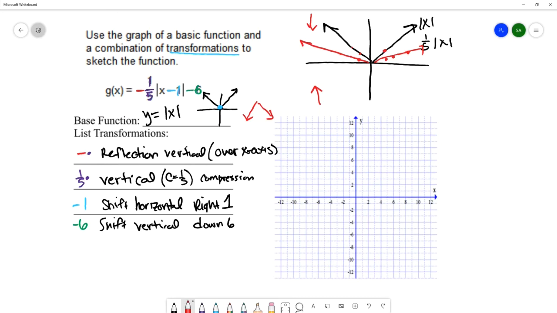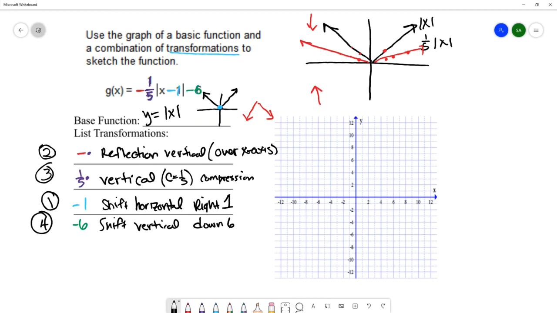When we do these transformations all together, we want to follow a specific order. We're going to start by doing the inside transformations first. So we're going to start with this horizontal shift to the right, and then we'll take care of our reflection and compression. Honestly, it doesn't matter which one of those you do next, and then we'll take care of our shift.